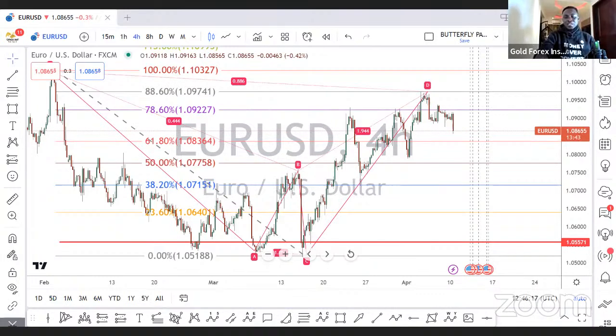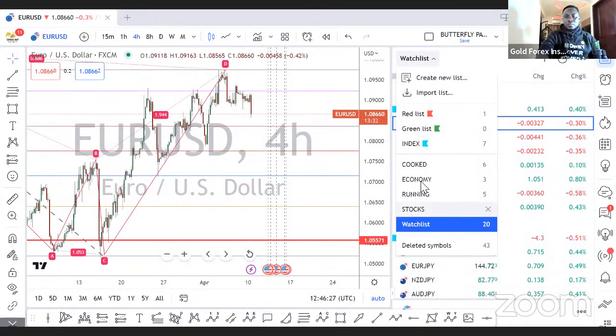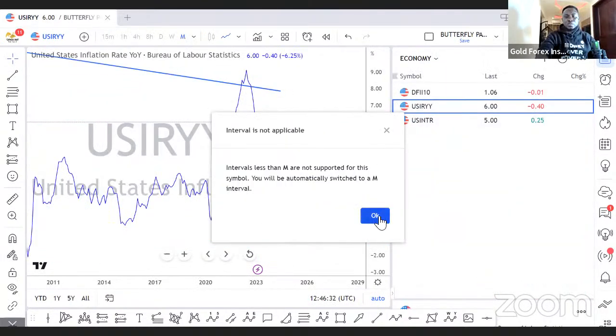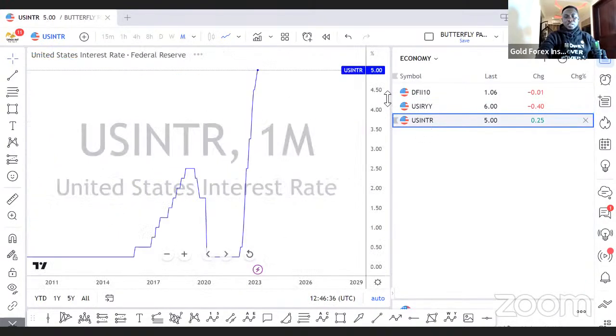So once inflation figures are also dropping, interest rate will be dropping. Currently, I think let's look at the figures for interest rate and inflation. So inflation is around 6, and interest rate is around 5. Yeah, that means that we still expect interest rate to go above inflation.